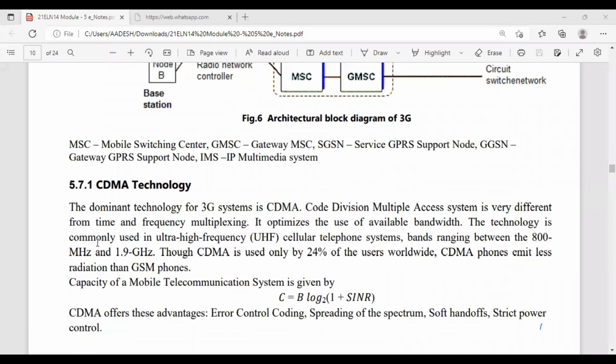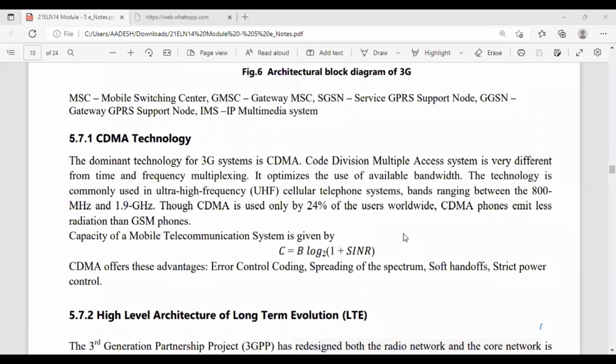The technology is commonly used in ultra high frequency, and we also have a formula for the capacity of a mobile telecommunication system, which is given by B log base 2 of (1 plus SINR). SINR means signal to interference ratio, right?